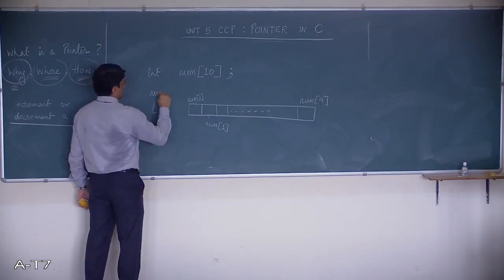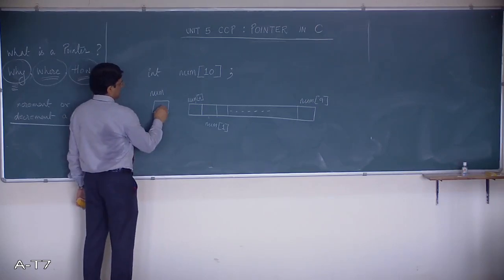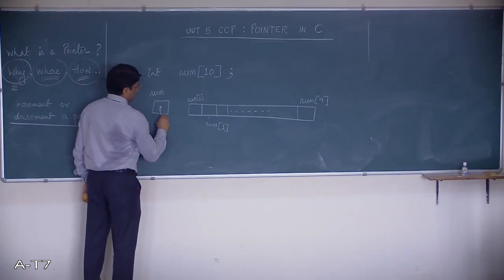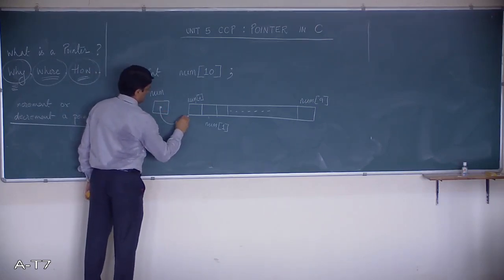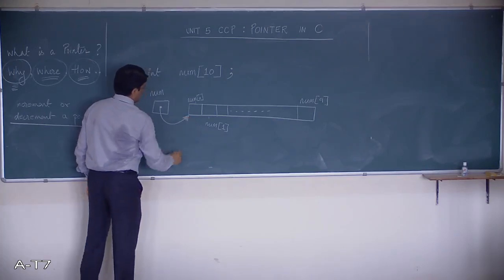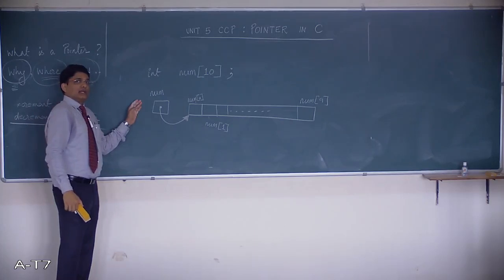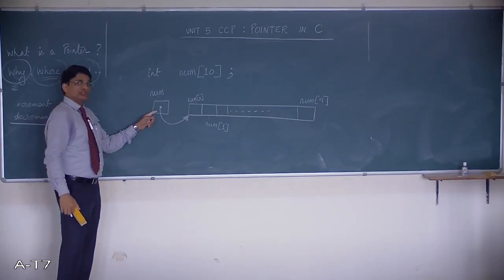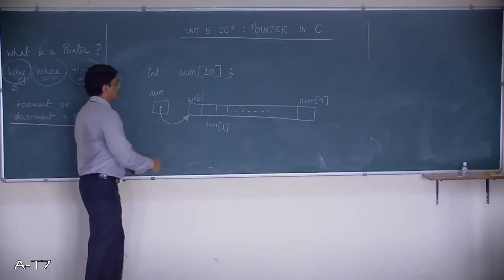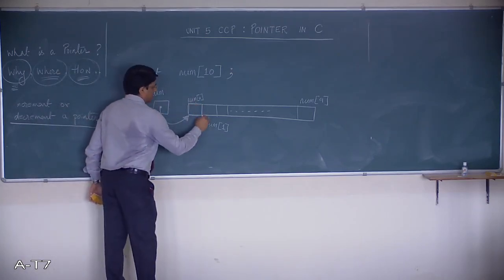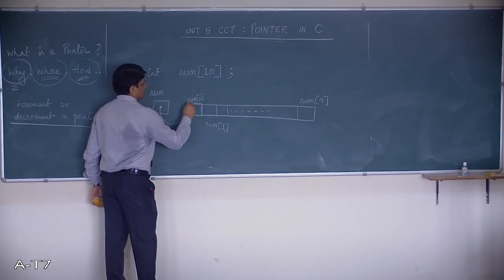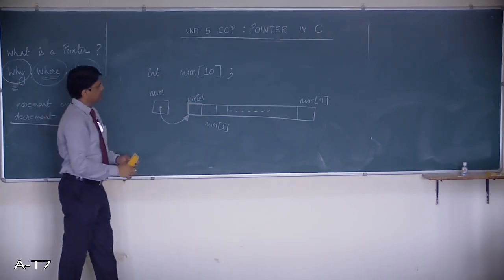And there is another variable called num, which is created in the memory, which stores the address of the 0th index.